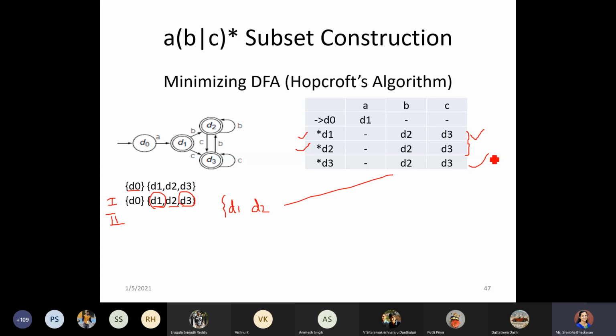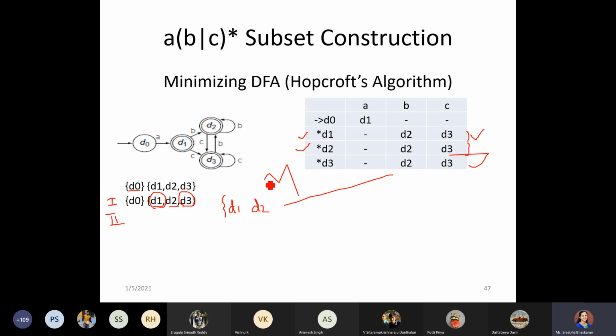In D1 and D3, with respect to A transition, we don't have any contents. With respect to B transition, in both the places we have D2, right? In both the places we have D2. Now with respect to C transition, in both the places we have D3. Now you go back and see in this group, you check whether D2 and D3 belong to the same group or not.